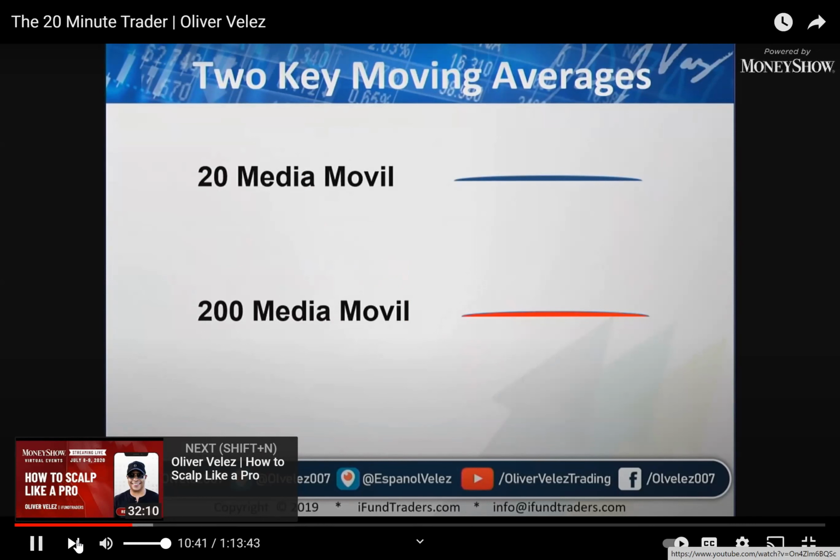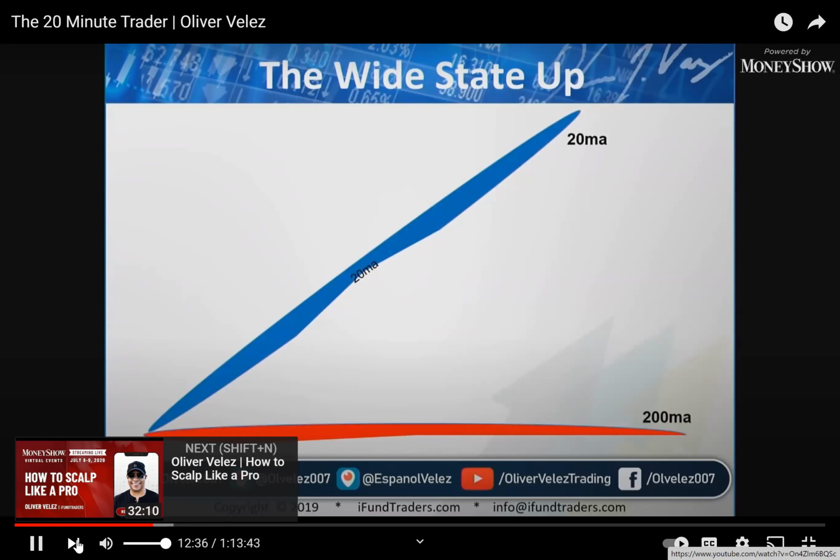Here's a wide state where the 20 and the 200 have separated, but separated to the upside. The 20 is above the 200, and from this wide state, you're expecting your stock to drop, because the drop brings you back to narrow.